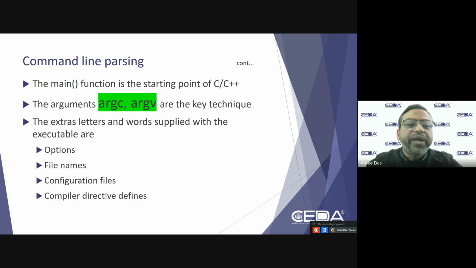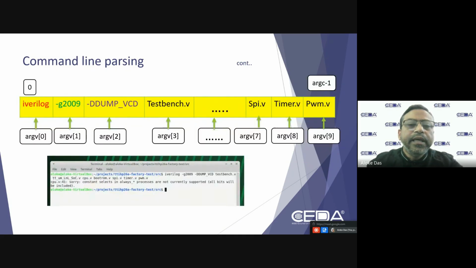We have called the main function with this argv. Automatically, from the operating system, it is the job of the operating system to assign this array argv, and each of the elements will get the values of these command lines.